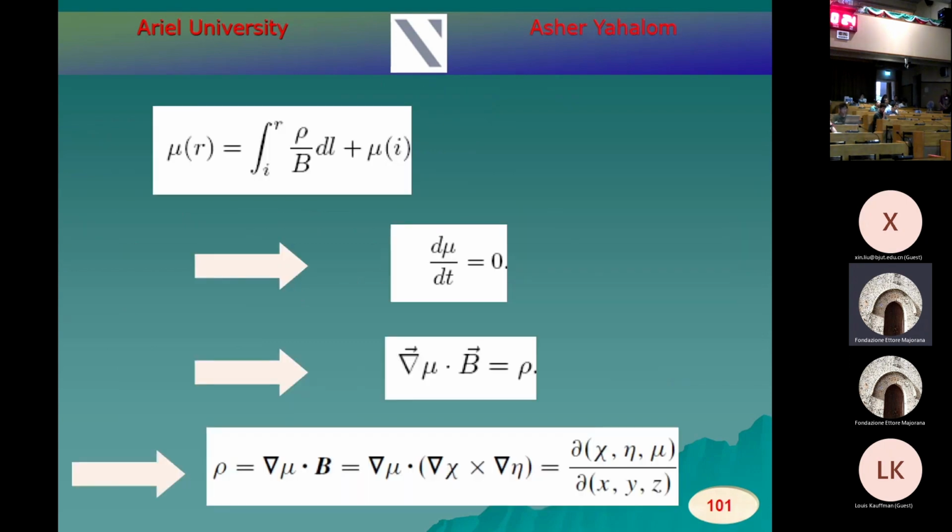It's called the metage. It's easy to show that its material derivative is null, and ∇μ·B is equal to ρ. So ρ is a Jacobian of those three labels, μ, χ, and η.